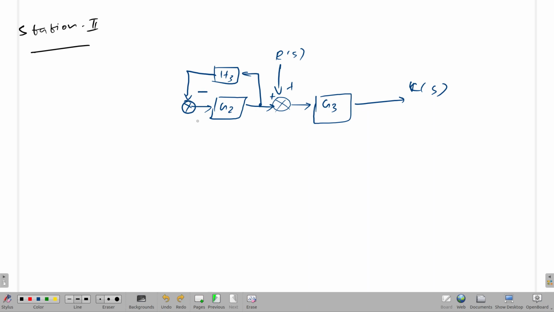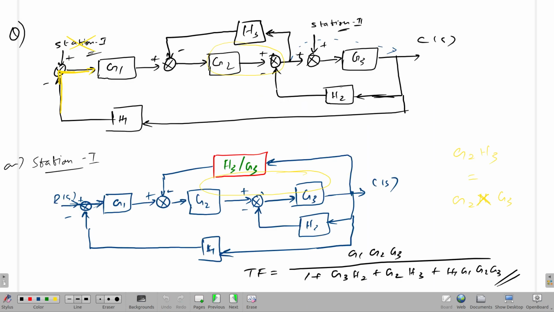Then what do we have? In this particular problem we are shifting this feedback instead of this one, because earlier the input was here and there was no input here, so we could easily shift to here, but this time the input is coming here, right? So we cannot move this one over to here.